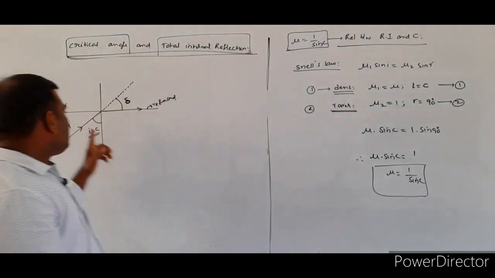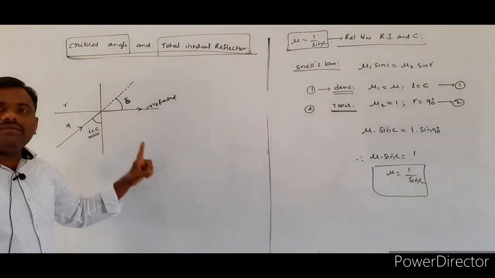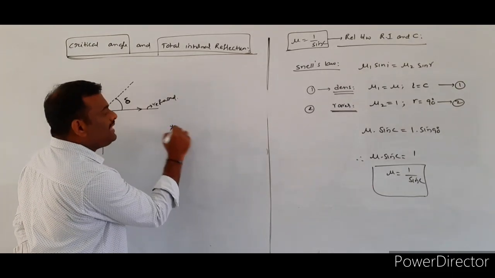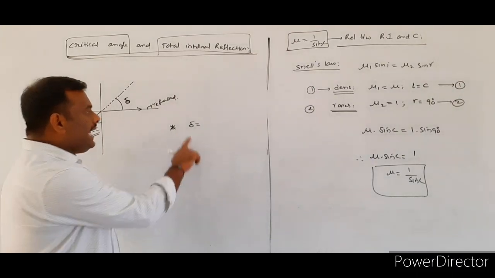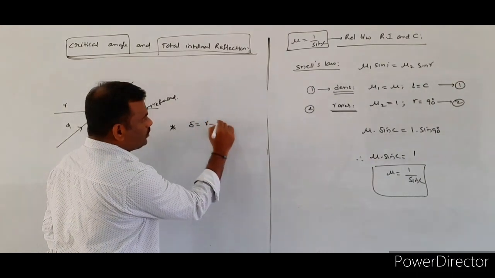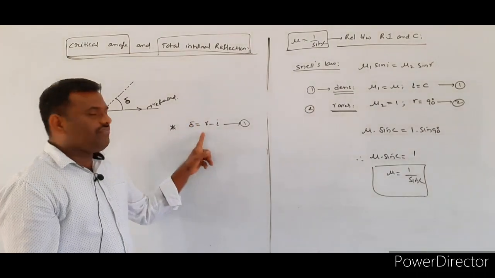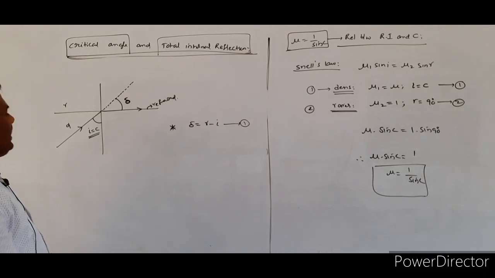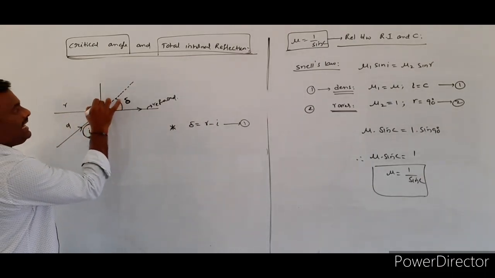Here the refraction takes place from the denser medium to the rarer medium. Whenever the refraction takes place from the denser medium to the rarer medium, the angle of deviation is equal to, as we already know, the angle of refraction minus the angle of incidence.